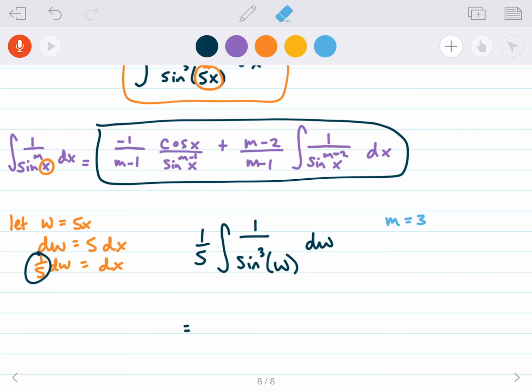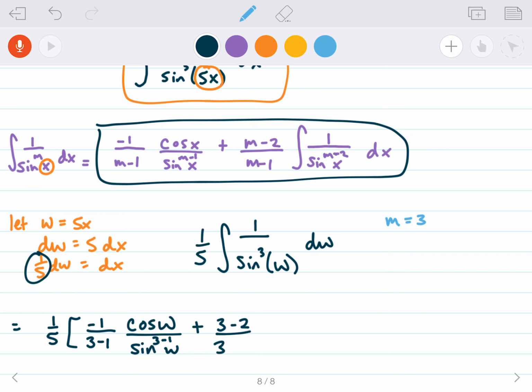I have a 5th, and then according to the formula, we have -1 over m minus 1 times cosine of w over sine to the 3 minus 1 of w, plus 3 minus 2 over 3 minus 1, times 1 over sine to the 3 minus 2 w dw.